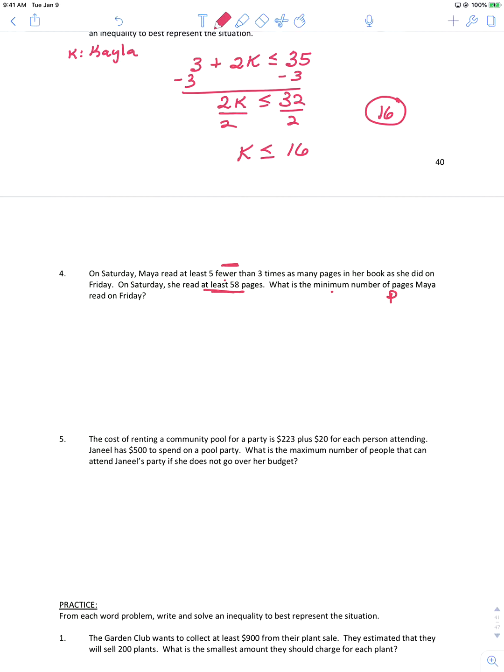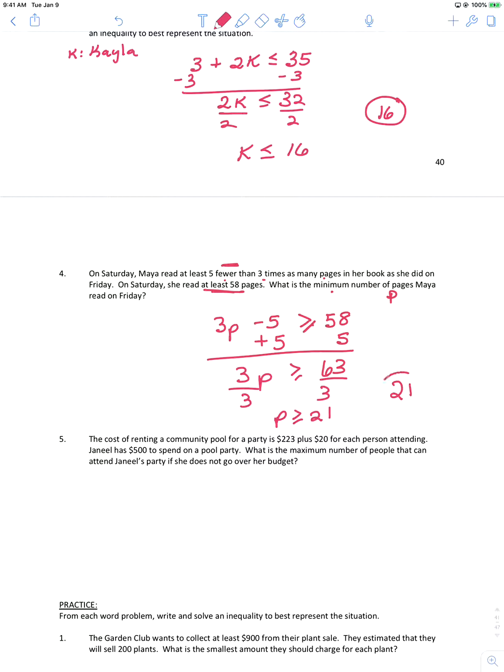So that at least, don't mind the dog. 5 fewer is subtracting. 3 times the number of pages would be 3P, greater than or equal to 58. And you get 63 divided by 3 is 21. That is the minimum that it can be. You try number 5 and check your work.